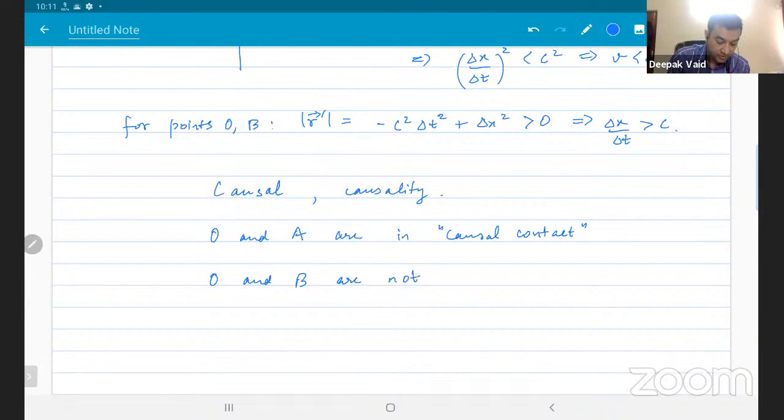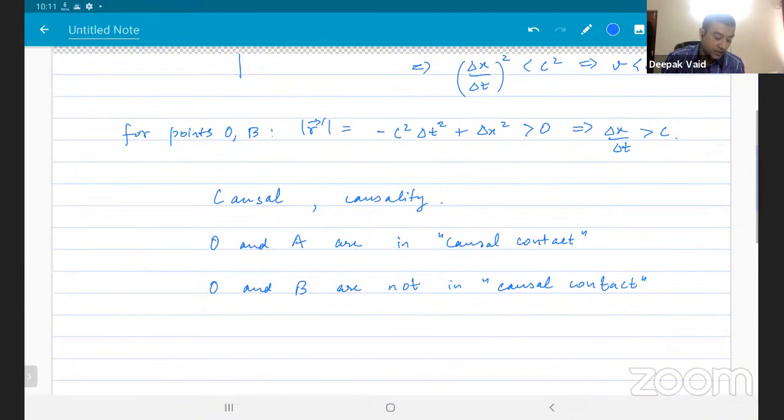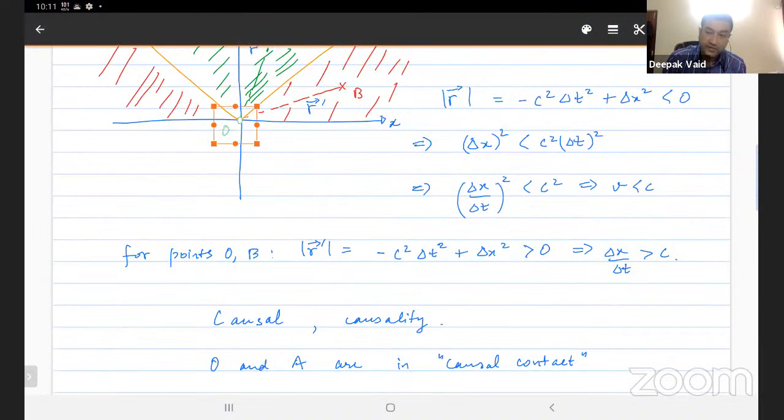O and B are not in causal contact. That means the points O and B are not causally connected, because it doesn't matter what happens at O. Anything can happen at O. You can have an explosion, you can ring a bell, it doesn't matter.